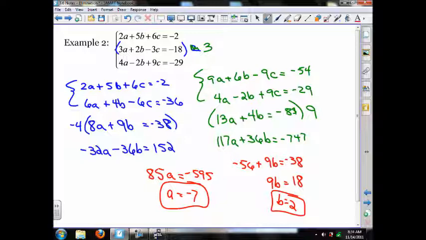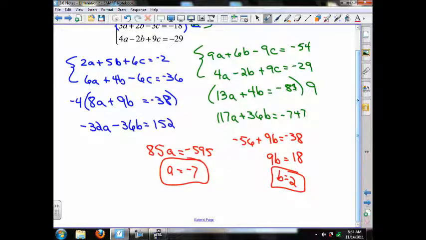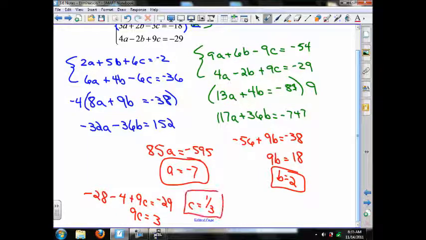All the way back to the original equation gives us the... I get -7, to, 1.